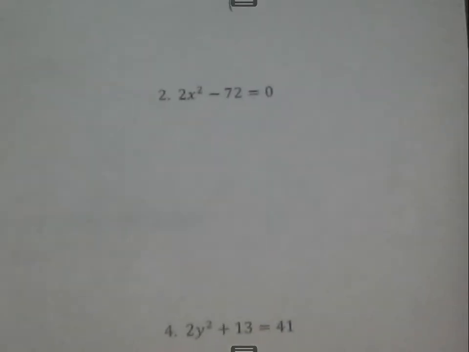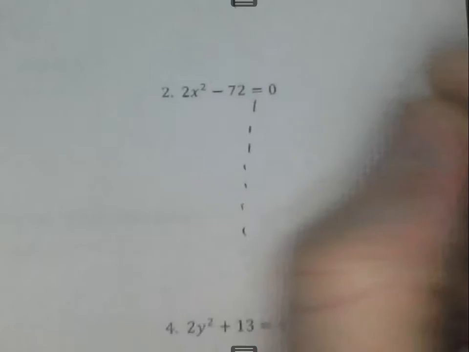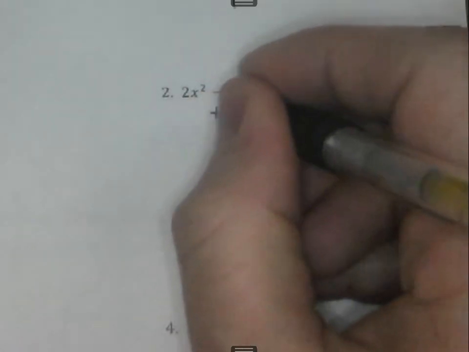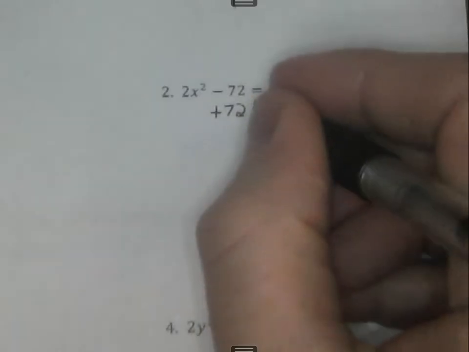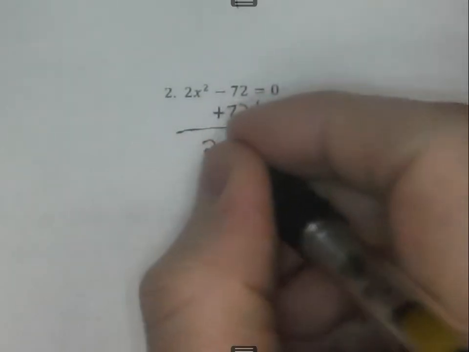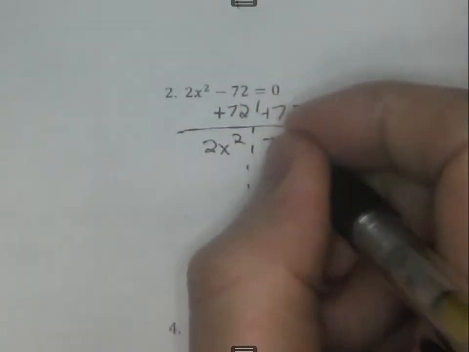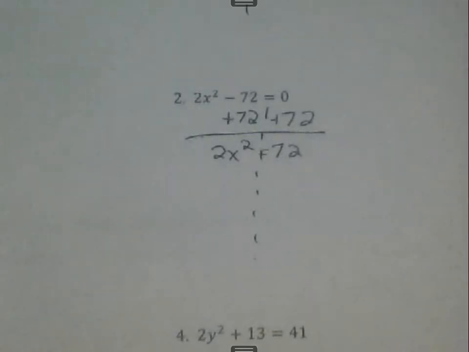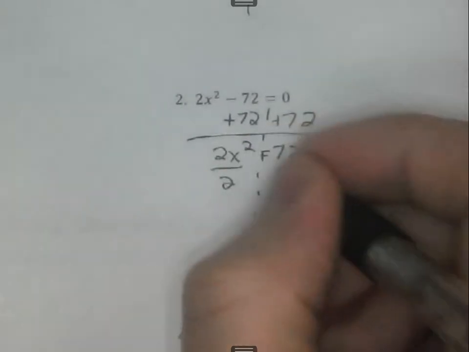Number 2, if you have 2x squared minus 72 equals 0, first thing that we want to do is we want to add or subtract. So we're going to add 72. If I add 72, then I'm going to get that on the other side, then I'm going to divide by 2.